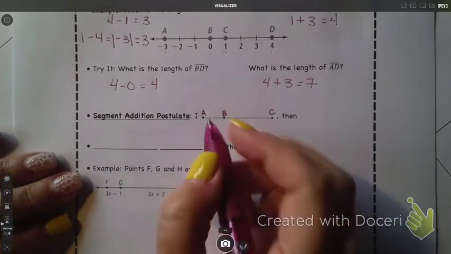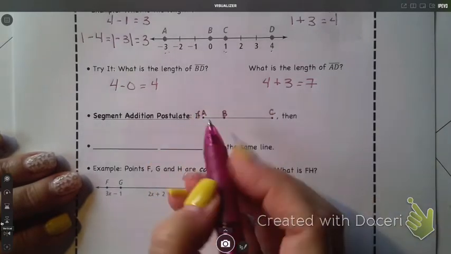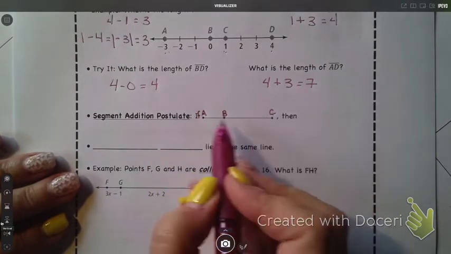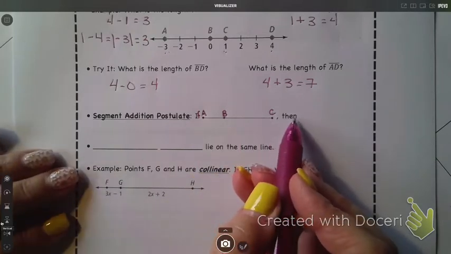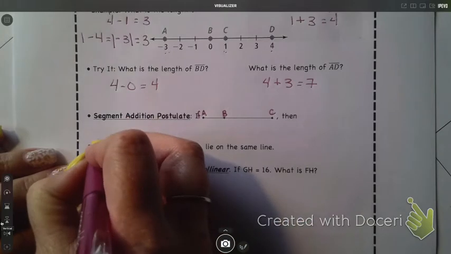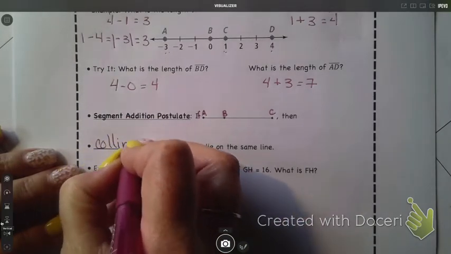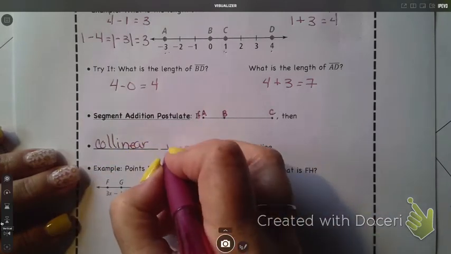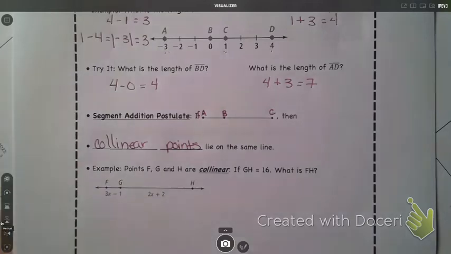If the segment is A, B, C, because that's what that is, then collinear points lie on the same line.